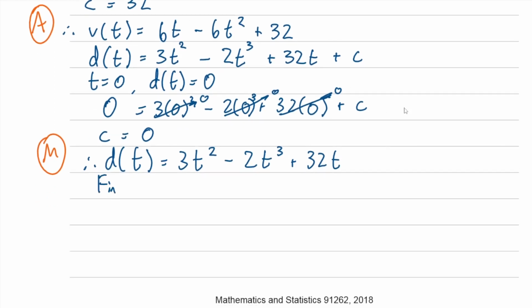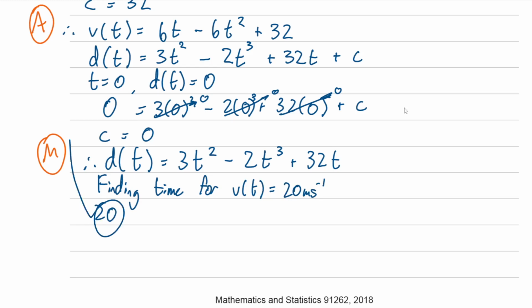So finding the time for v of t equals 20. Substituting in 20 for v of t equals 6t minus 6t squared plus 32, and then solving for t.